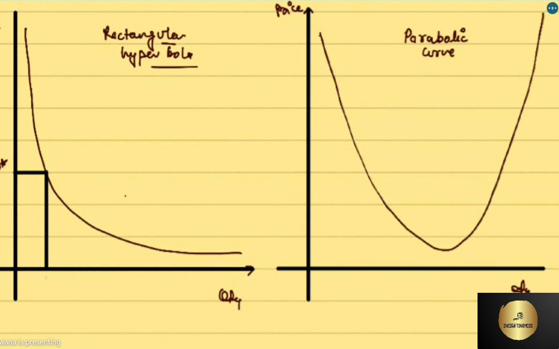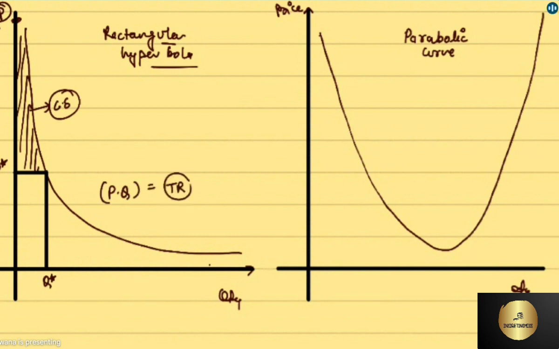This is your P star, this is your Q star, and somewhere here you will get your P, maximum willingness to pay. This particular triangle represents your consumer surplus, and this particular rectangle represents your price into quantity. That is, you can say it's the total revenue, P star into Q star.